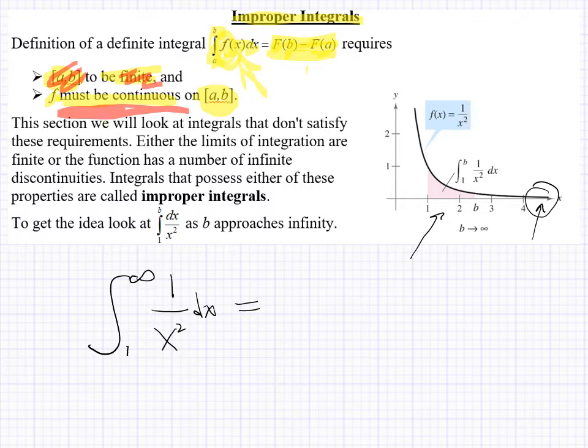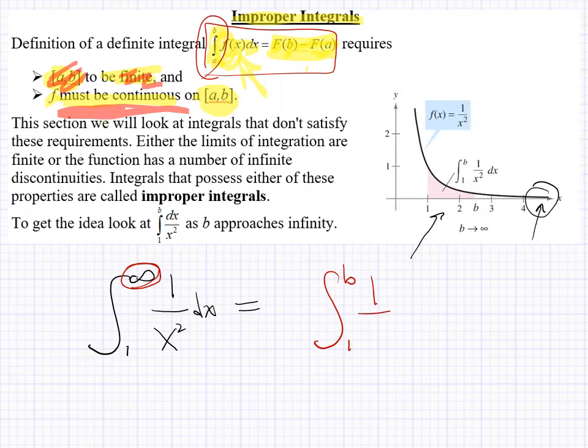Well, we want to try and apply this fundamental theorem here. But the fundamental theorem only applies if the interval is finite. So what we're going to do is we're going to say, well, this is the problem, so let's take that problem out. Let's do the integral from 1 to b of 1 over x squared dx, where we let b be some constant value.